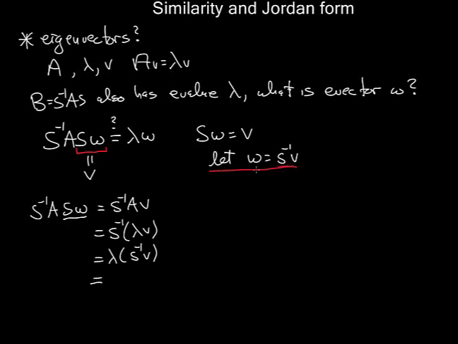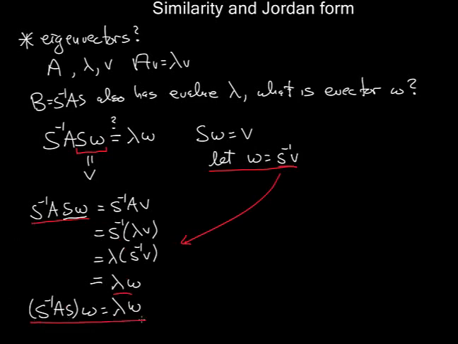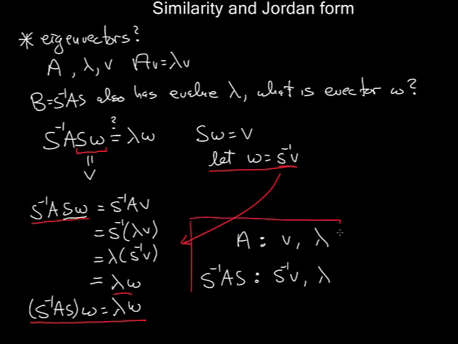Well, that's w again. So that's lambda w. So indeed, S inverse ASw is equal to lambda w. So the eigenvectors of these two matrices are related by the matrix S. And the precise statement is this: if A has eigenvector v with eigenvalue lambda, then S inverse AS has eigenvector S inverse v with the same eigenvalue.